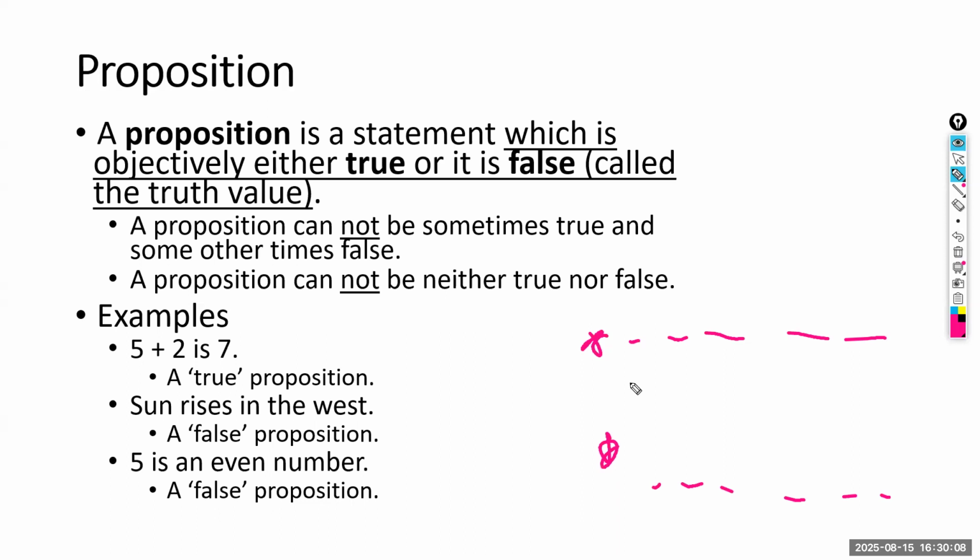Is it a proposition? Obviously, yes, because the sun rises in the east. I have never in my life found that the sun rises from the west. So it's a proposition. There's nothing called some days the sun rises in the east, some days it rises from the west. No, there's nothing like that.